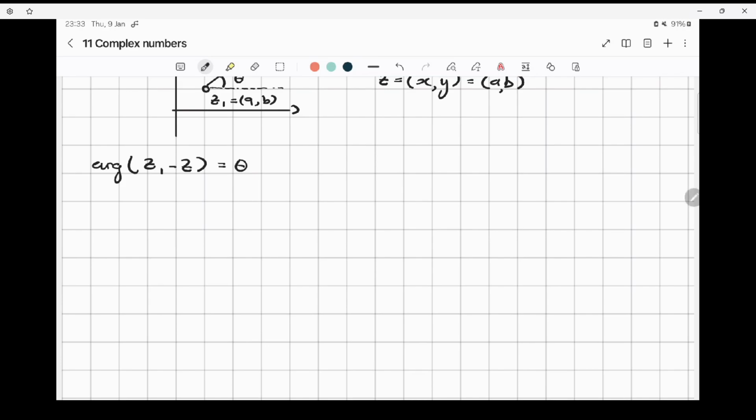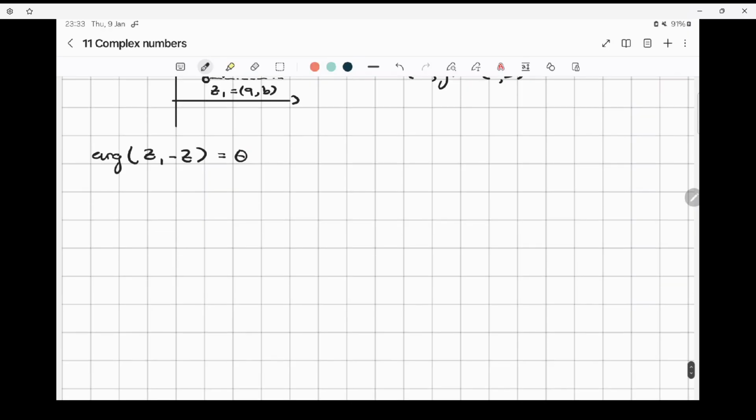We know the argument of Z1 minus Z. So let's keep this for the moment and let's go over here. The goal here is to see what this particular equation is.